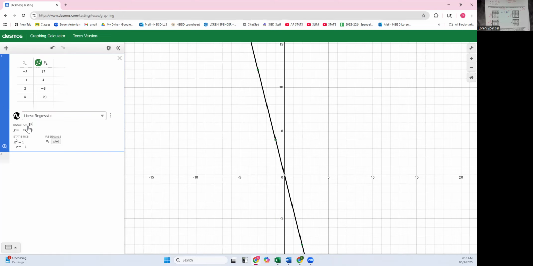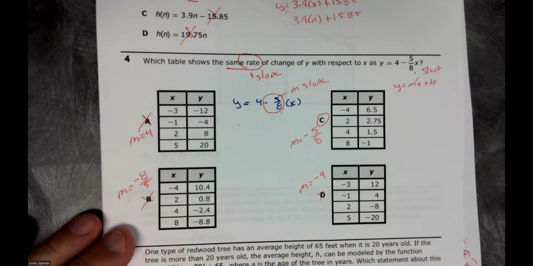And I look and I get a -4. Guess what? It's negative, which is good, but I need a -5/8, not -4. So D is eliminated. Our best answer choice is C.